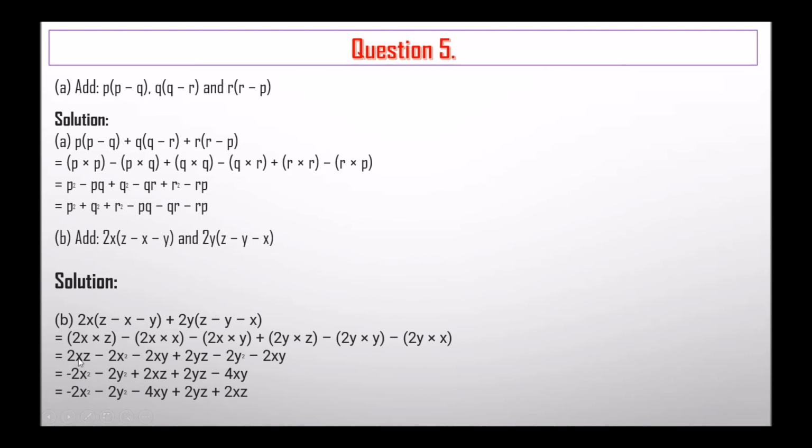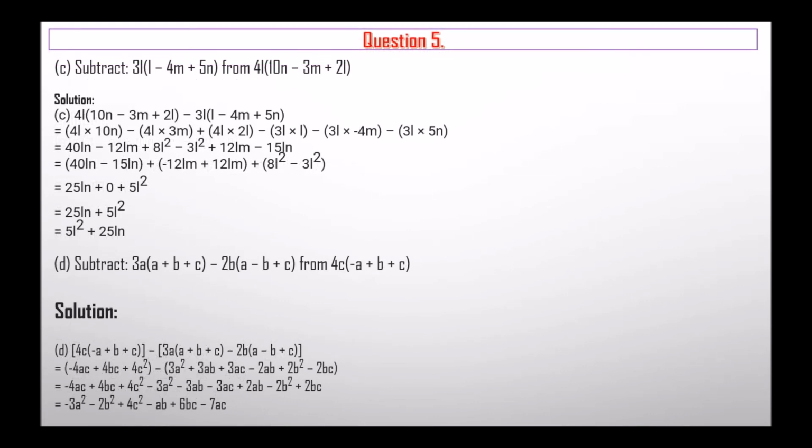So 2xz − 2x² − 2xy + 2yz − 2y² − 2xy. Here the xy terms are the same, so we will simplify those. So −2x² − 2y² + 2xz + 2yz − 4xy. We can arrange them or we can leave it as it is.